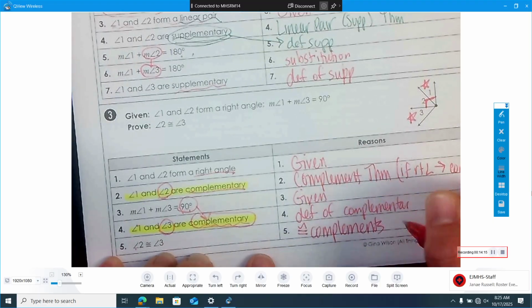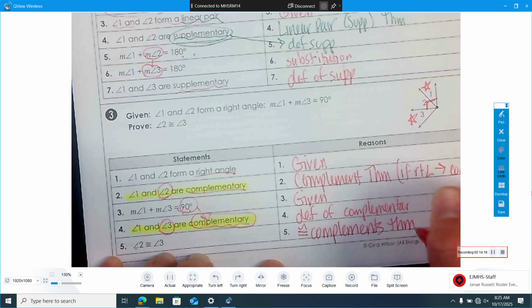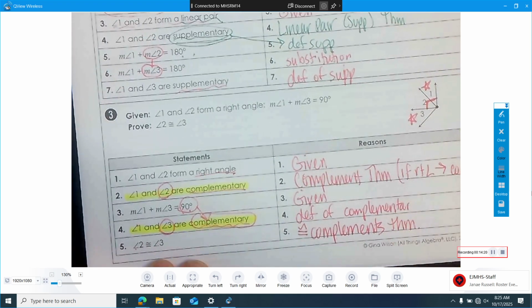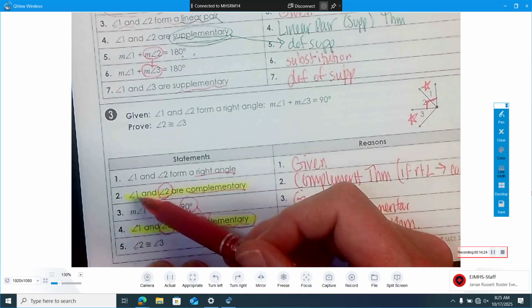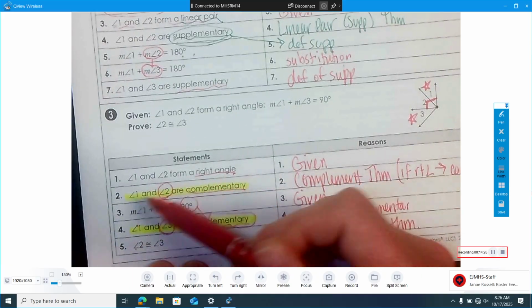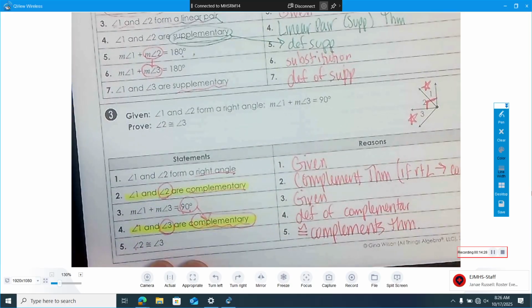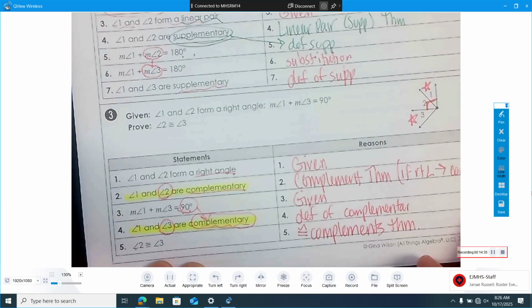I cannot spell in the morning. Okay. Congruent complements theorem. If two angles are both complementary to angle 1, then those angles must be congruent. Okay, so that's a new one, kind of an interesting one.